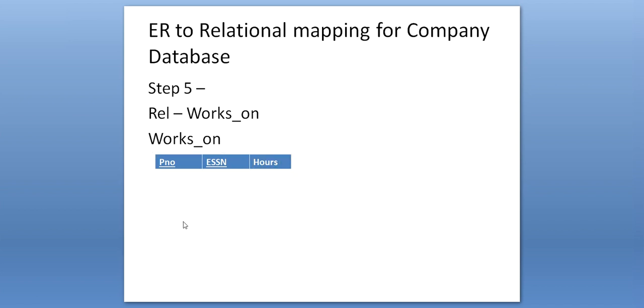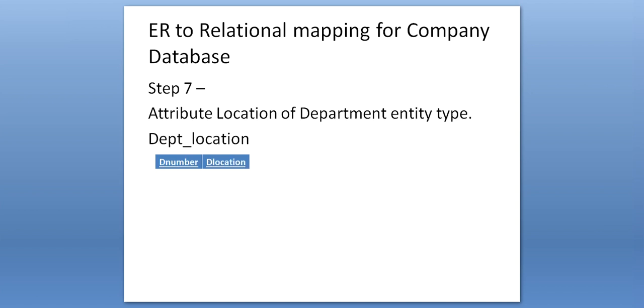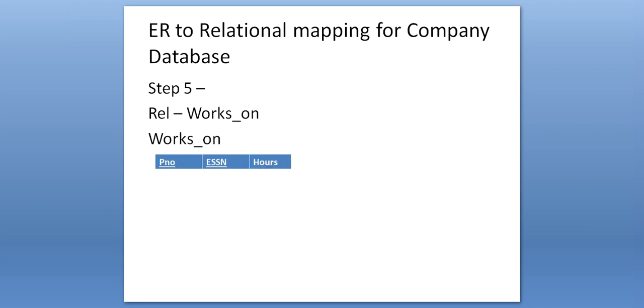From this, we can say that we have done so many changes in the relations that we created in the previous steps. Okay, the last step that we have to follow for this particular example is step number 7. Why are we not having step number 6 here?